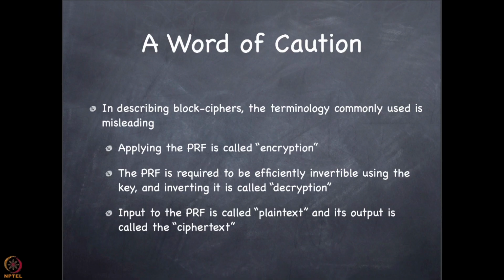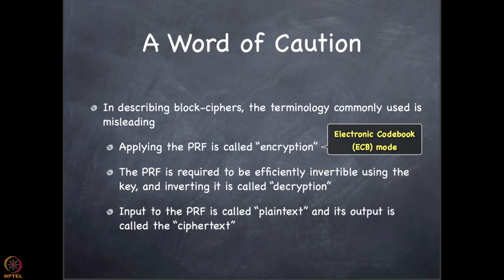The input to the PRF, which was our R in, say, the counter mode, I said we could call it the nonce. It's called the plaintext, and the output is called the ciphertext. So this is made to look like a block cipher is doing encryption for you: feeding your plaintext, you get the ciphertext out, and it has a name for doing this kind of thing.